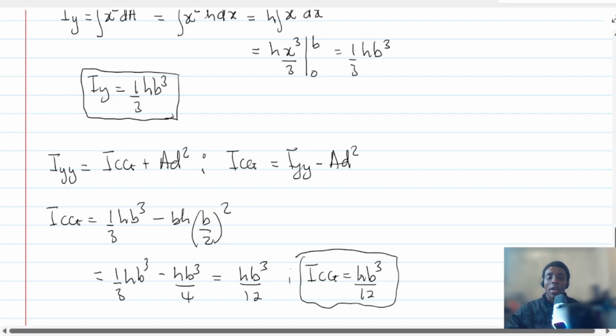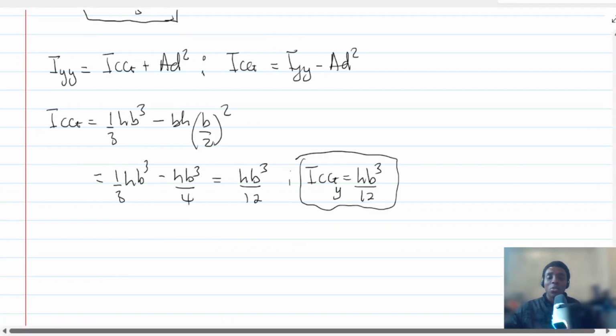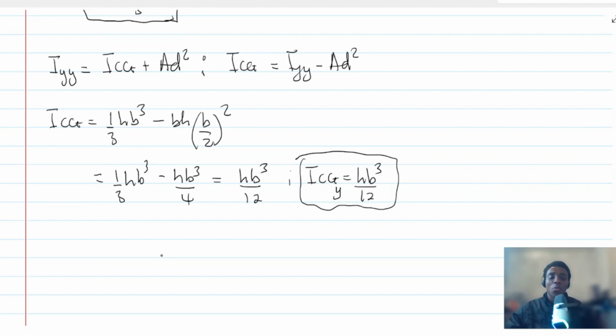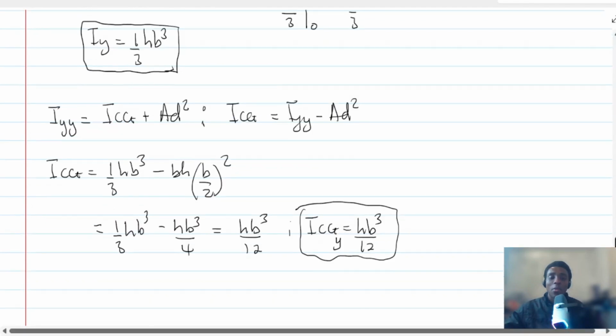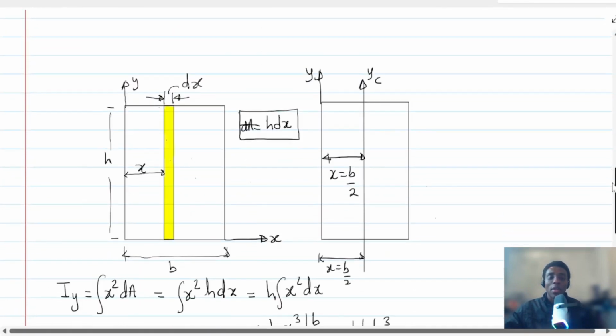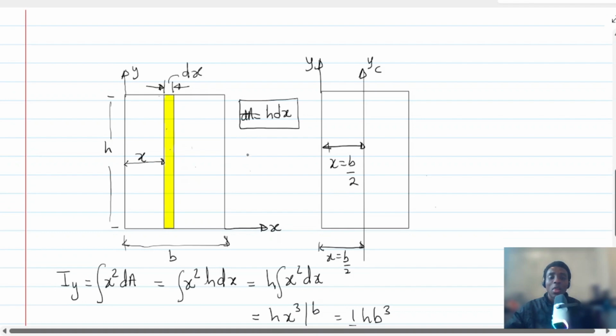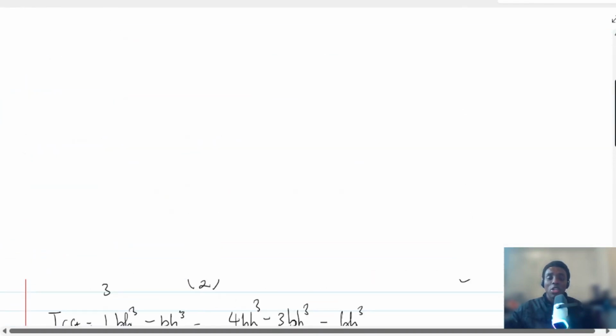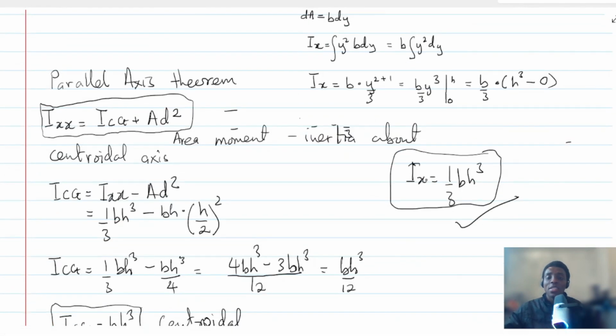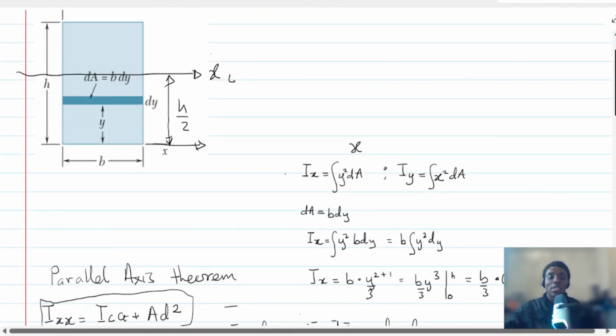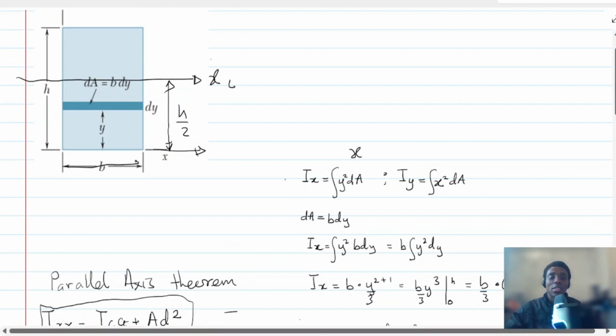So this is a summary of this video. We have learned that whenever you are given a rectangle, the area moment of inertia about the x-axis is given by 1/3 b h cubed, where b is the length and h is the height.